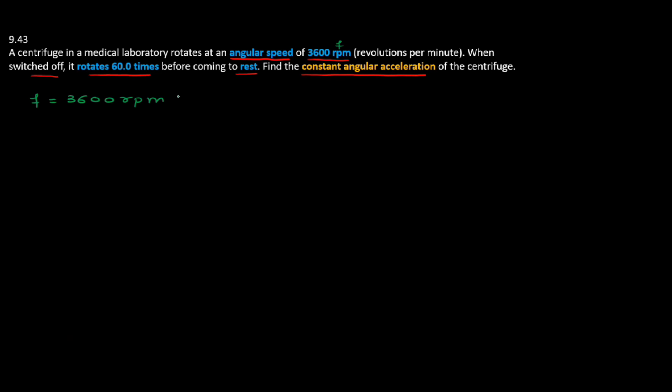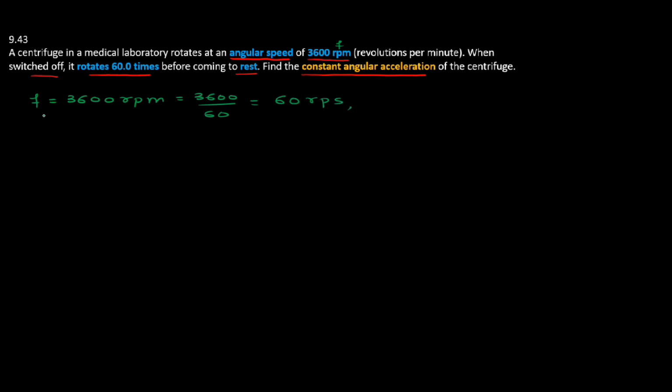This revolution per minute I can convert to revolution per second by dividing this number with 60. So we write 3600 divided by 60. That will give you the angular speed in revolution per second, which is 60 revolution per second.